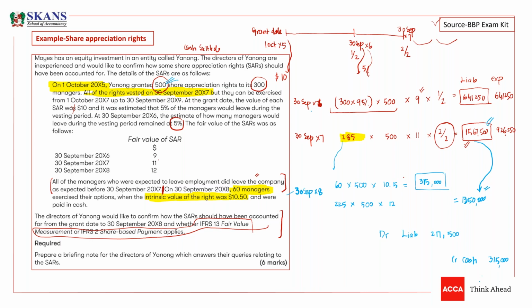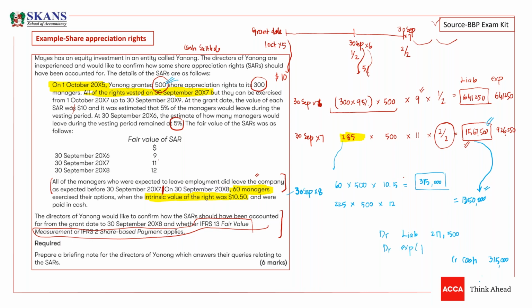Our liability is decreasing by 217,500, but we are paying 315. We are paying more than the liability settled. What does it mean? I'm paying more. And if you are paying more to settle the liability, it means this is your expense, and this expense should be charged to P&L.